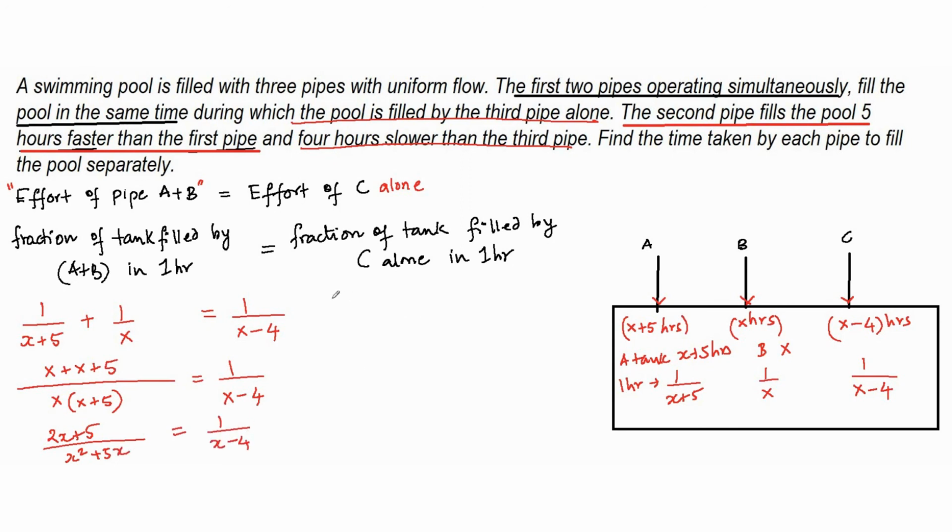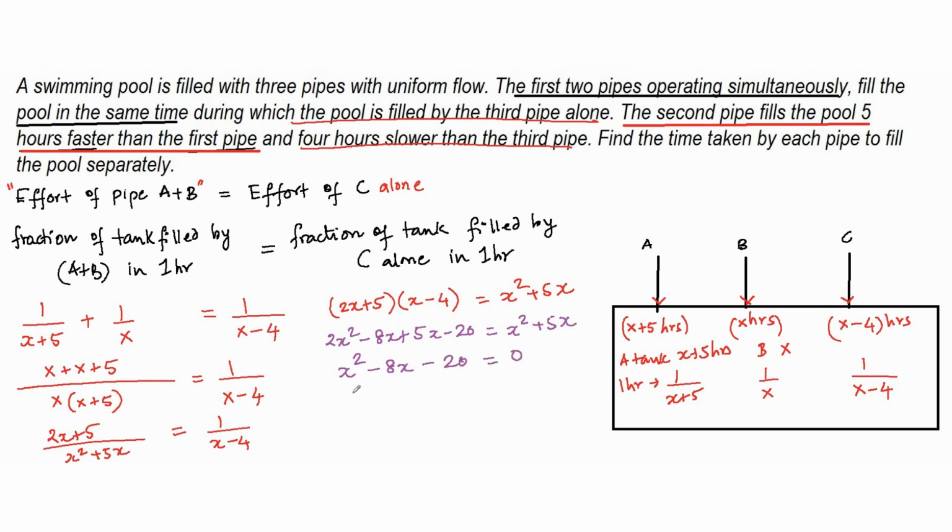Cross multiplying, what I get is 2X plus 5 multiplied by X minus 4 is equal to X square plus 5X. Opening up the brackets, I get 2X square minus 8X plus 5X minus 20 is equal to X square plus 5X, and rearranging the equations, I get X square minus 8X minus 20 is equal to 0.